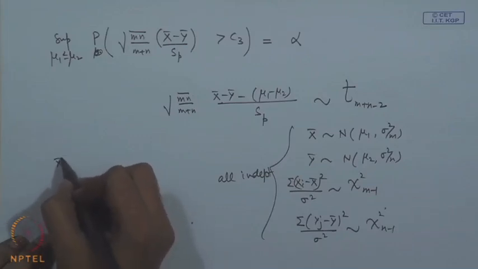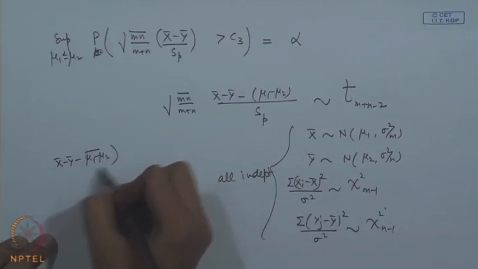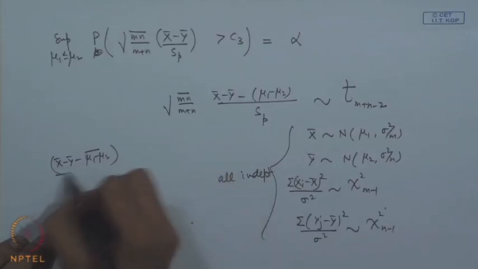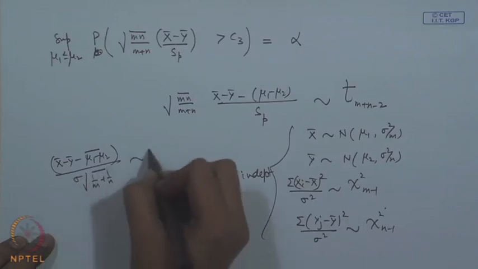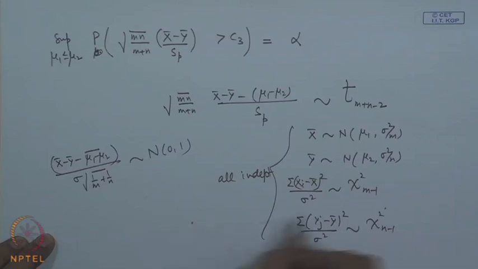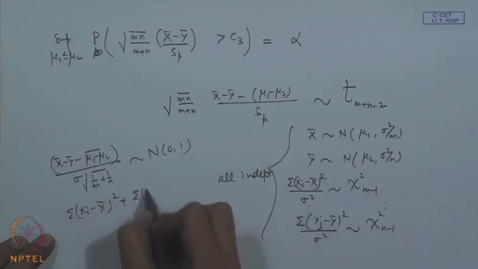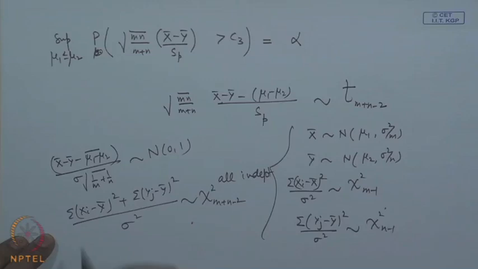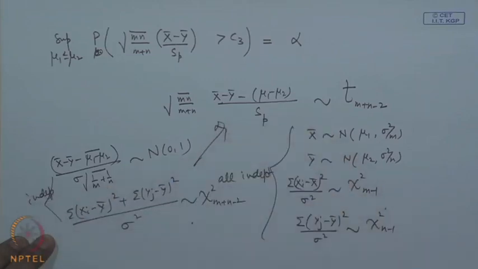So, x bar minus y bar minus mu 1 minus mu 2, if I divide by sigma root 1 by m plus 1 by n, this will follow normal 0, 1, and sigma x_i minus x bar square plus sigma y_j minus y bar square by sigma square follows chi square distribution on m plus n minus 2 degrees of freedom, and we take the ratio that will give me this as t distribution.